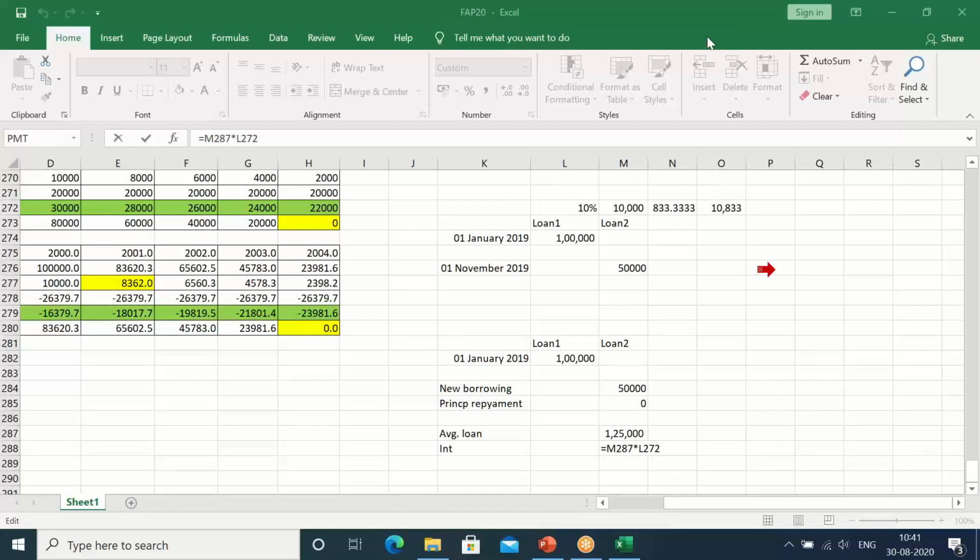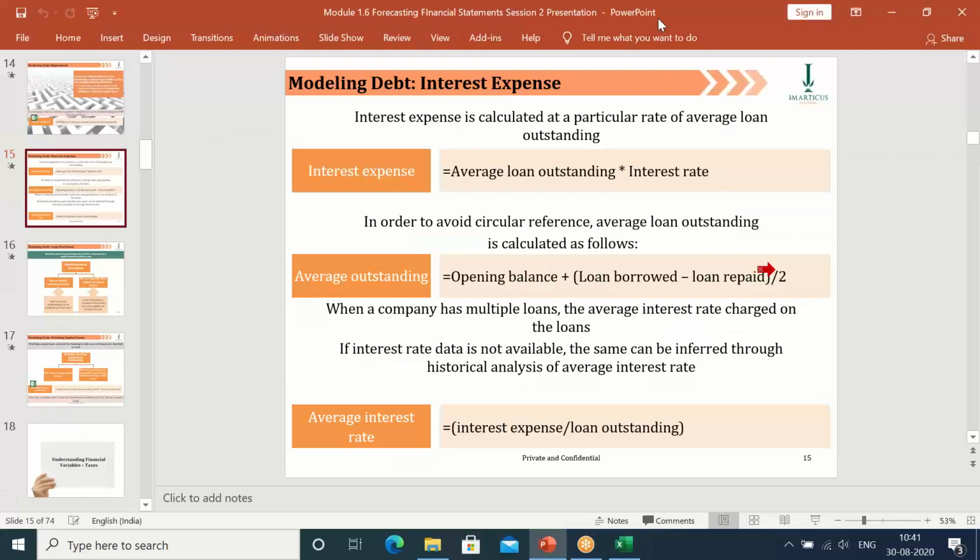Any doubt in this? Are we clear with this slide now? The formulas in this slide? Hello, am I audible, guys? Hello? Yes, sir.